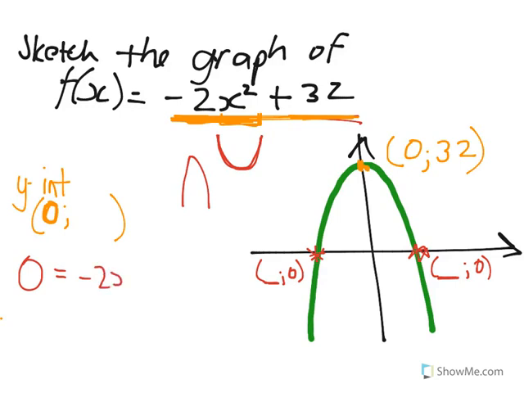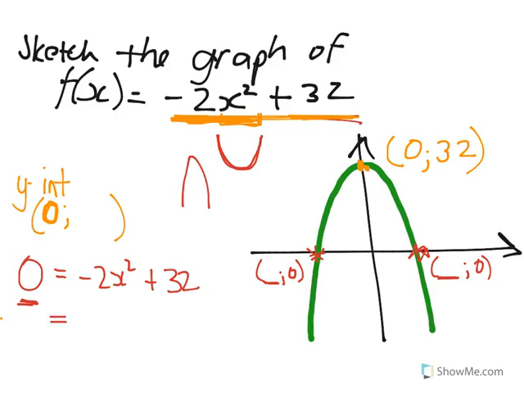So minus 2 times some input squared plus 32 needs to give me 0. Of course, this is a quadratic function, so solve it like a quadratic function. The question would be, how do I factorize an expression like this? Because this side is already 0, so that's already taken care of for us.